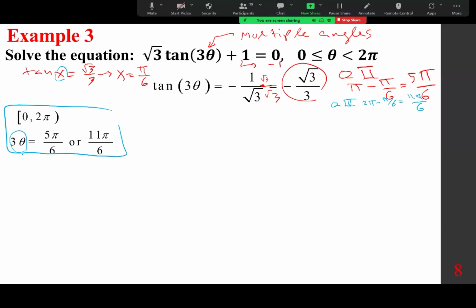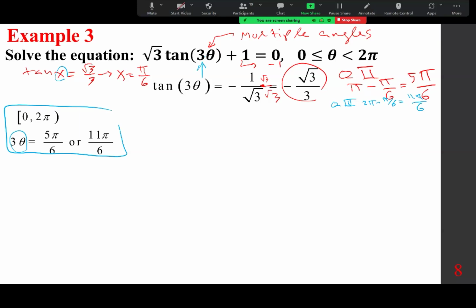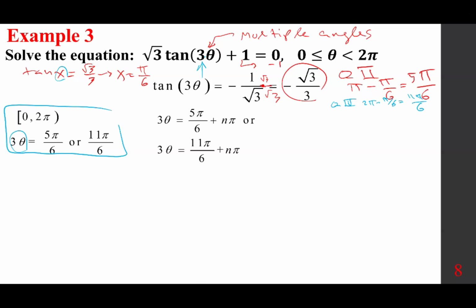The way you deal with 3 theta for all trigonometric functions, you add the 2k pi and then you divide by 3 and you plug in k from 0 all the way to this number minus 1. When it comes to tangent or cotangent, you can add n pi, and divide by 3.